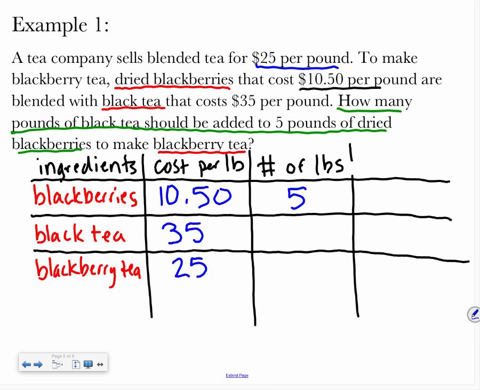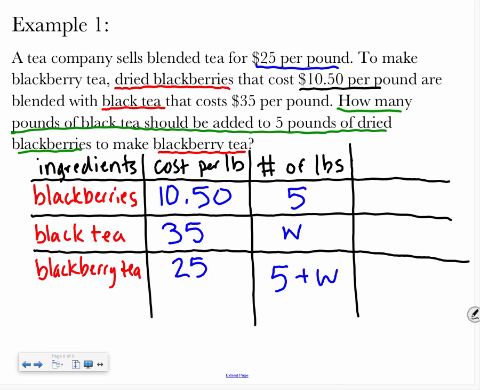And we want to know how many pounds of black tea, so we don't know what that is yet. Since we're dealing with a weight, I'm going to say W, because I don't know how many pounds that is. And then the weight of the blackberry tea combines the weight of the blackberries and the black tea. So all we have to do is take the 2 rows above it, the 5 and the W, and add them together. That'll be the weight of our blackberry tea.